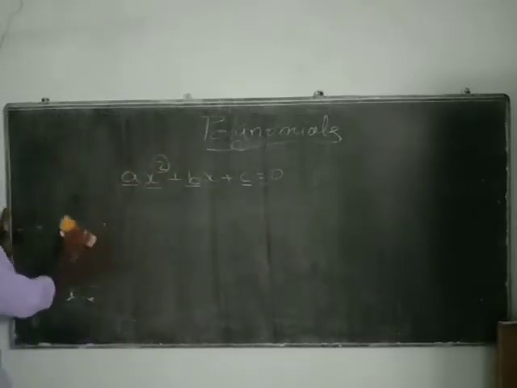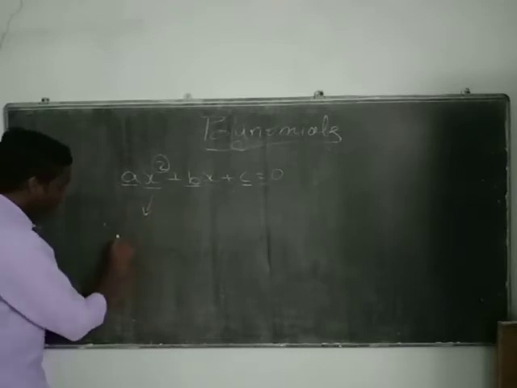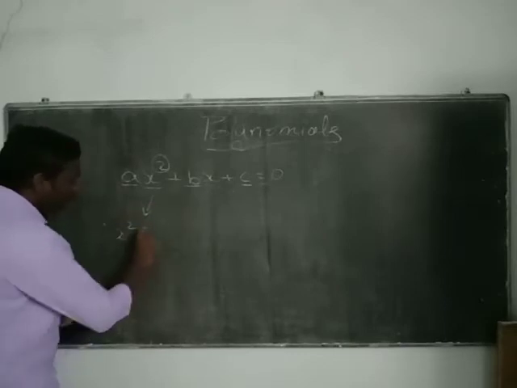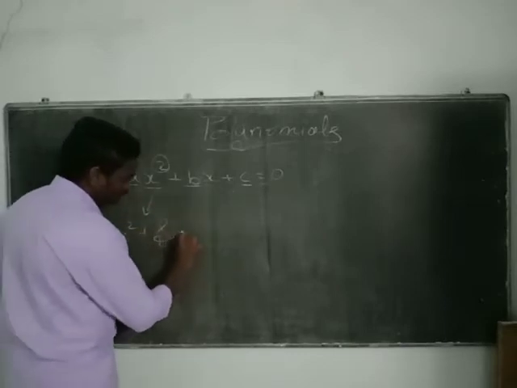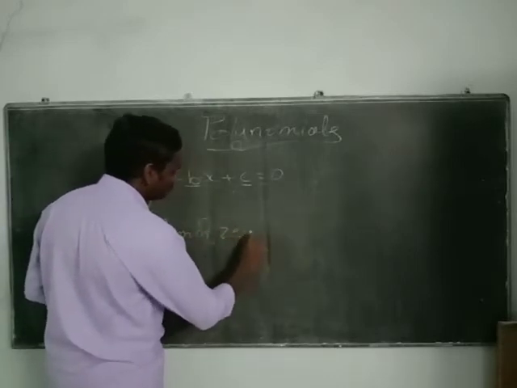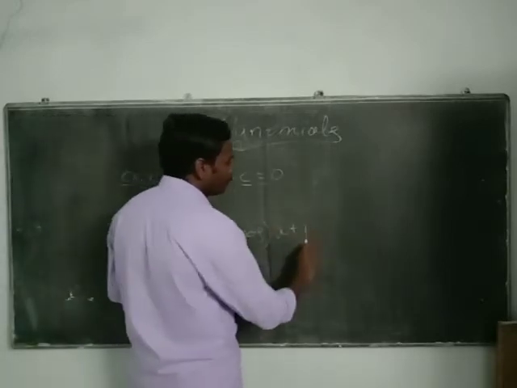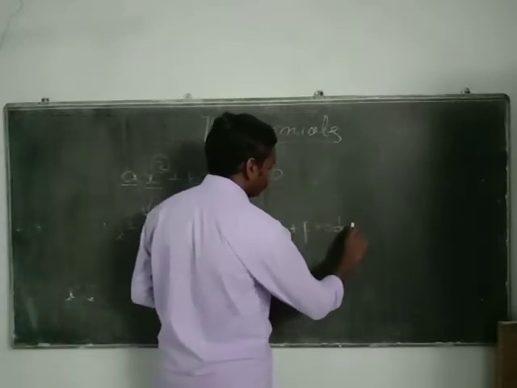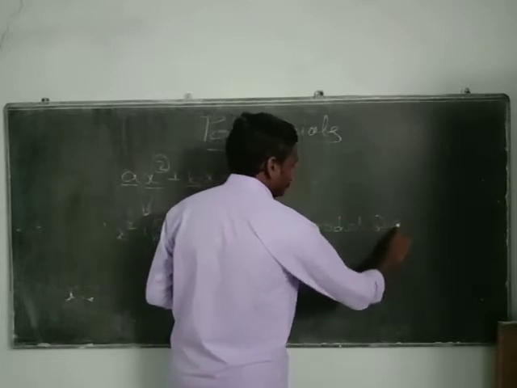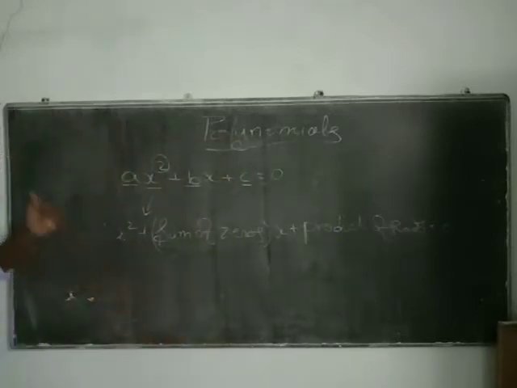Now we have some relations related to this equation in such a way that we get it as x square plus sum of roots, or sum of zeros, whatever it might be, into x plus product of roots is equal to 0. This is the basic form that we have to remember.